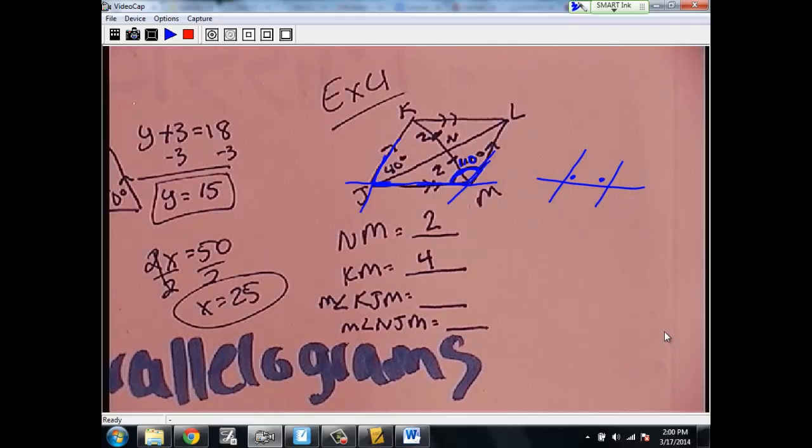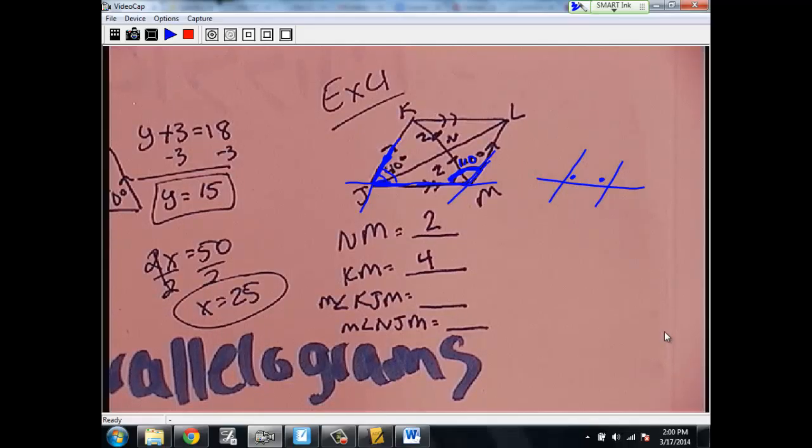Same side interior, supplementary. Not complement. Say it. Supplementary. What's supplementary mean? They add up to 180. So check this out. These two angles add up to 180. If this one's 110 and they're supplementary, same side interior, supplementary, find angle KJM.